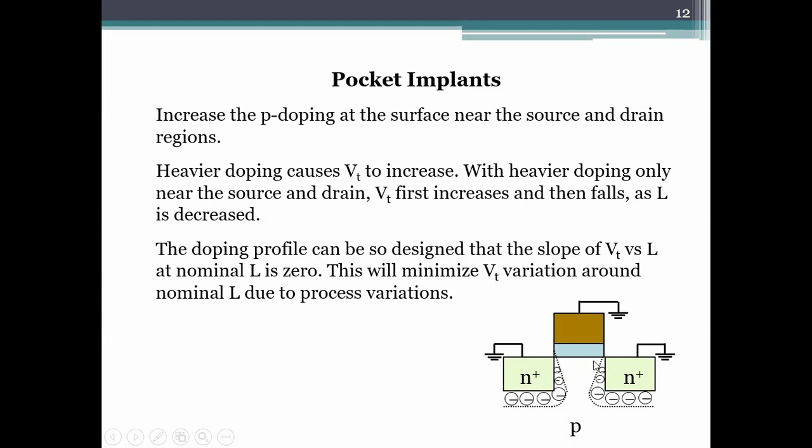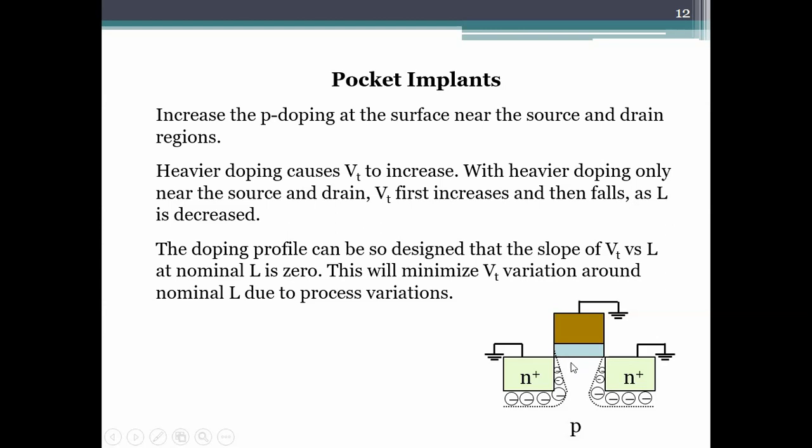What this does is that as channel length is reduced, the fact that you have a higher p-type doping at the source and drain ends will prevent the threshold voltage from reducing at that channel length. Eventually, if you keep on reducing the channel length, the threshold voltage will again fall, because the effect of this will still be only partial.